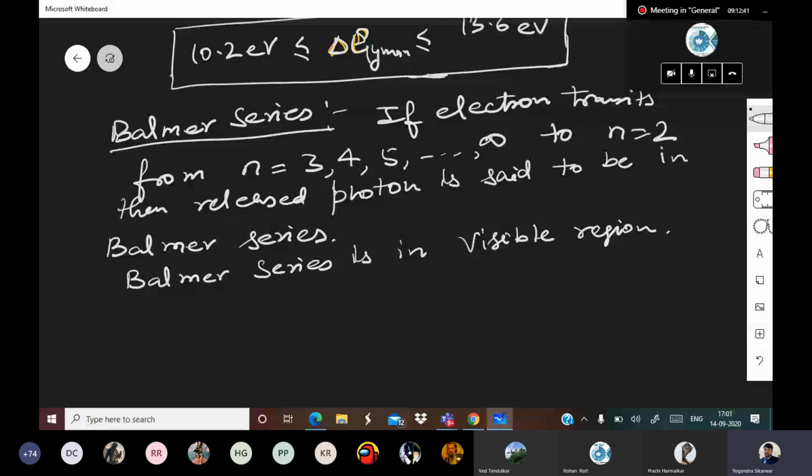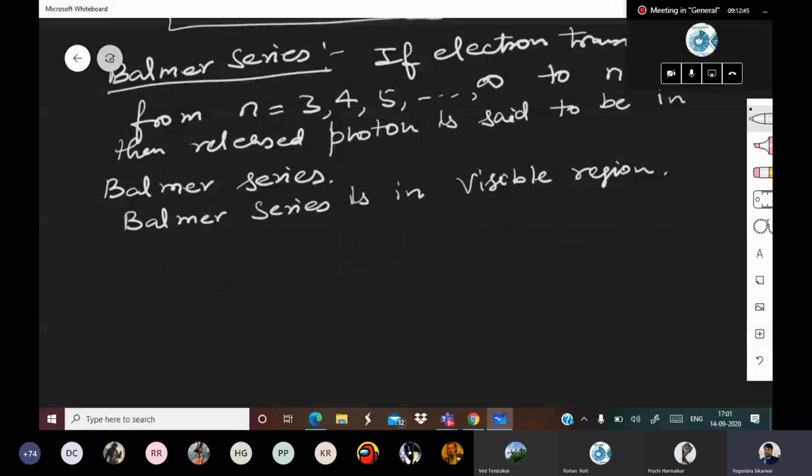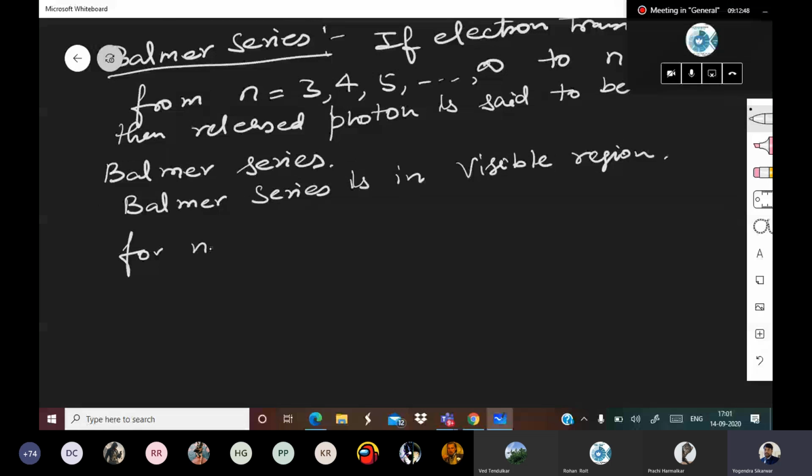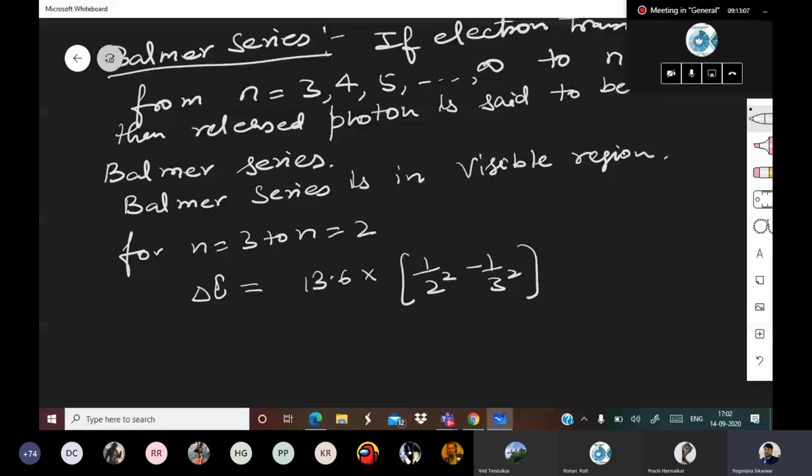All right. Now, for n is equal to 3 to n is equal to 2, delta E will be 13.6 into 1 upon 2 square minus 1 upon 3 square. Can someone please quickly tell me the value of the energy difference?